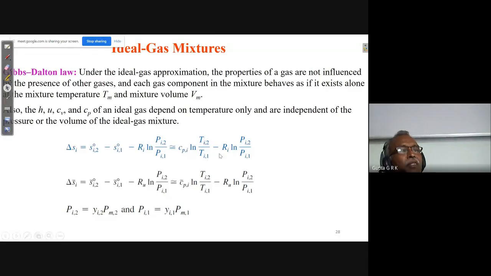Here PI2 is the final partial pressure, that is YI2 PM2, and PI1 is YI1 PM1. So this is the final partial pressure, and this is the initial partial pressure, and these are the final temperature and initial temperature of the component. We will see some problems also.